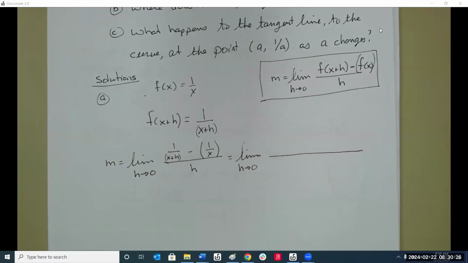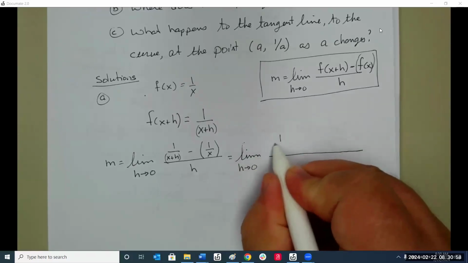How do you solve it? Nope. Can you do the subtraction? What do you have to do to subtract fractions? You have to have a common denominator.